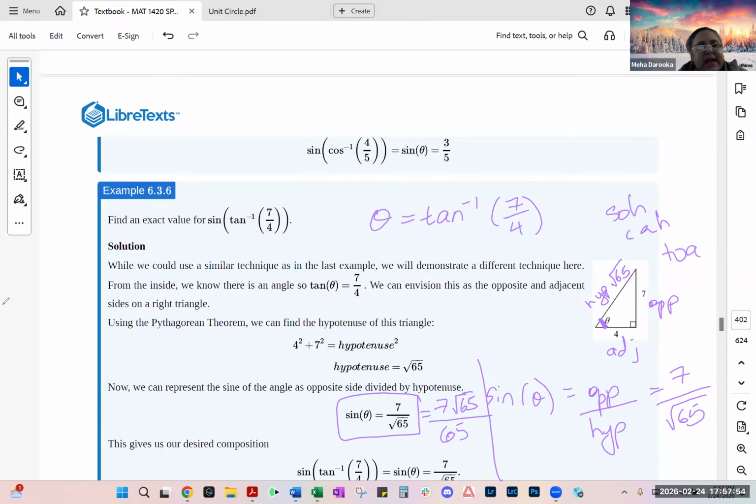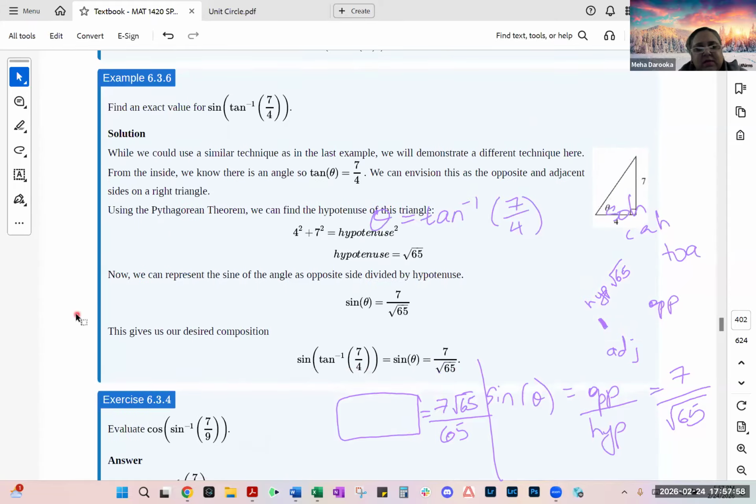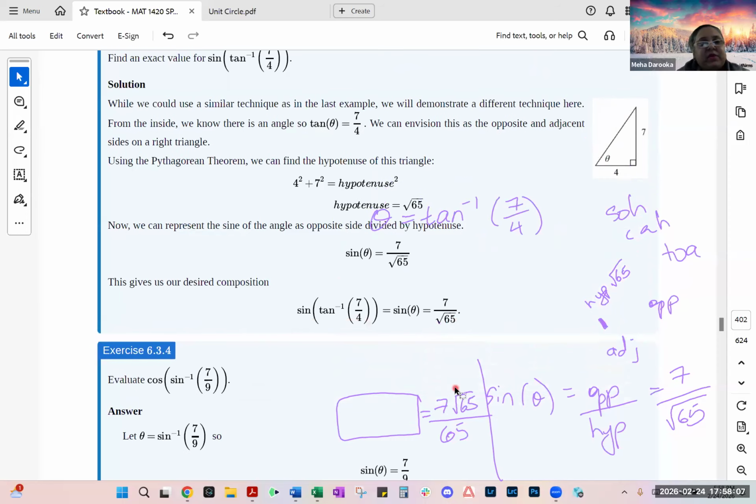And then you can see your textbook just says that basically sine of tangent inverse of 7 over 4 is equal to sine of theta, which again comes out to be 7 over square root of 65. And as a rationalized denominator, that would be your final answer.